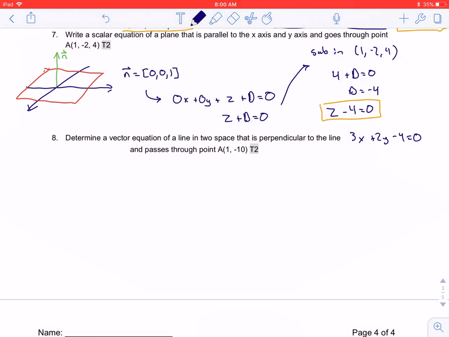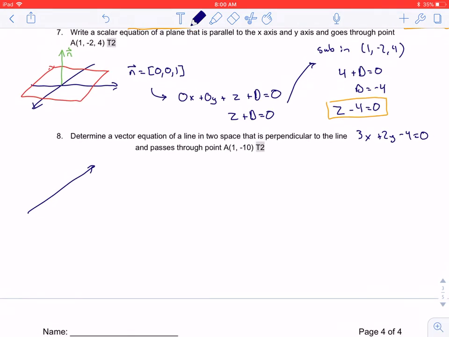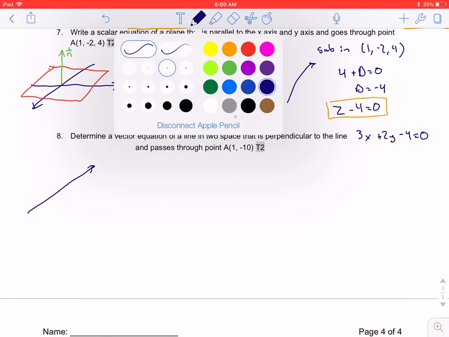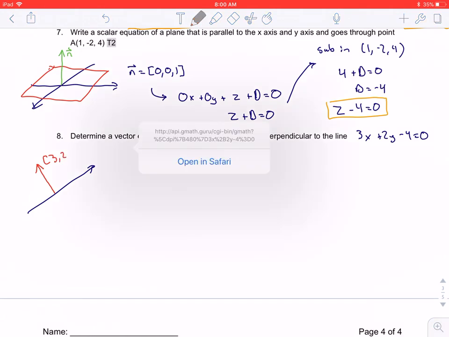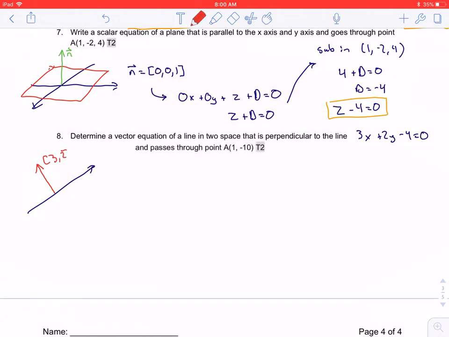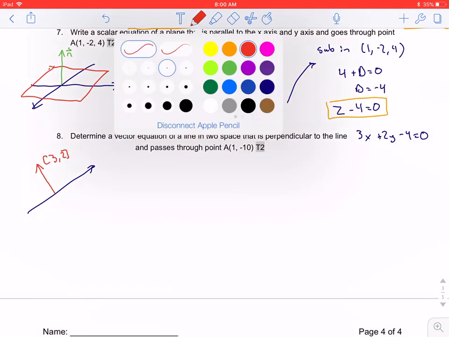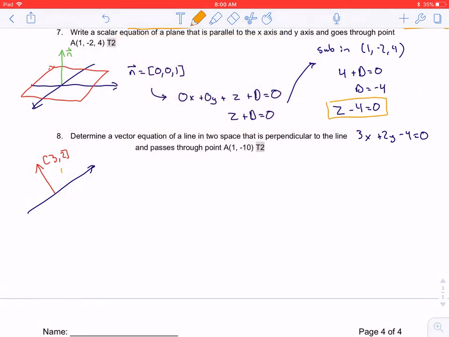What we know is that this vector 3, 2 is perpendicular to that line, and we know that from the scalar equation.